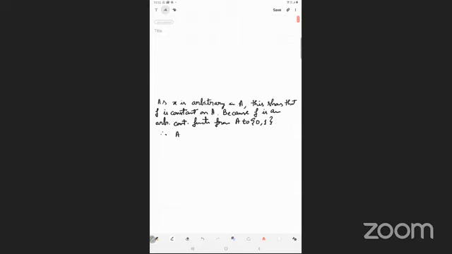Therefore, A is connected by the continuity criteria, जो हम लोगों ने कल थ्योरम किया था.